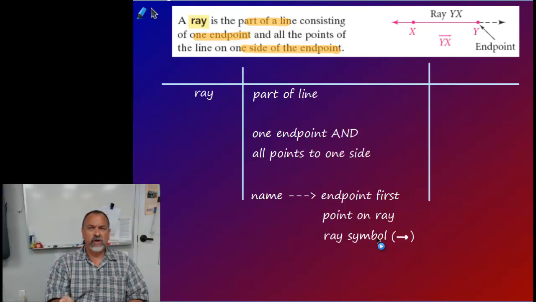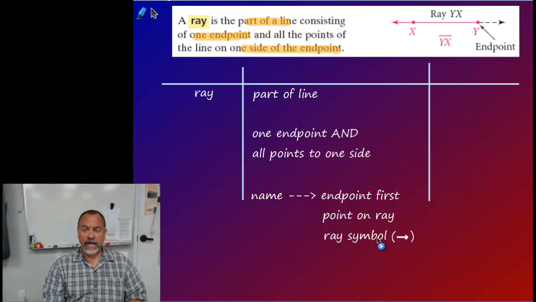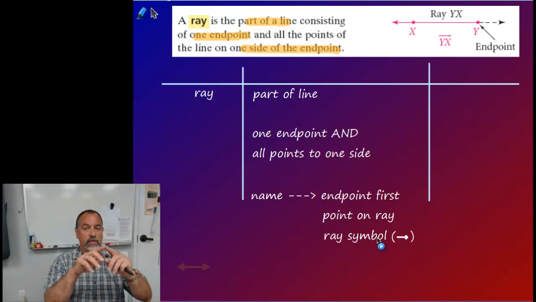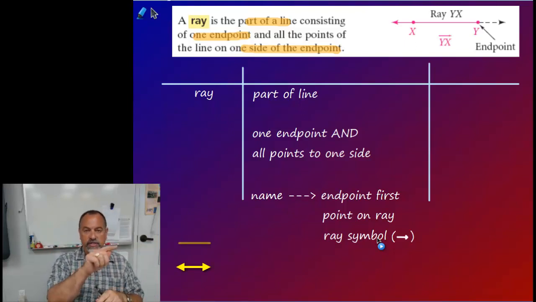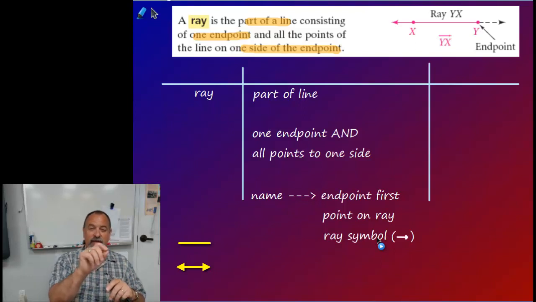The only way to know is to use the different symbols. So you have to remember what you're talking about and which symbol. A line, if you're talking about a line, two letters with the line symbol, the one with the arrows. Segment, two letters with the segment symbol, just the segment, no arrows. With a ray, it's two letters, although the endpoint has to be first, and the symbol is the ray that points to the right.